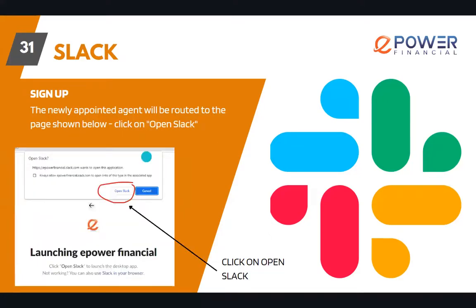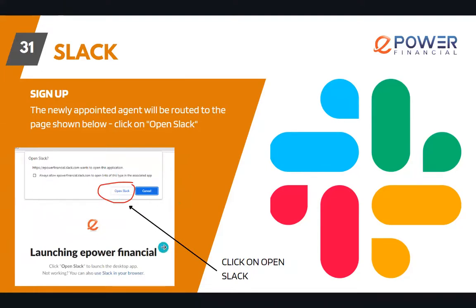Once you do that, at the upper center of your screen, you'll see this box that says Open Slack. If you downloaded the Slack app on your laptop or your computer, you can click Open Slack and you'll be directed to the app.